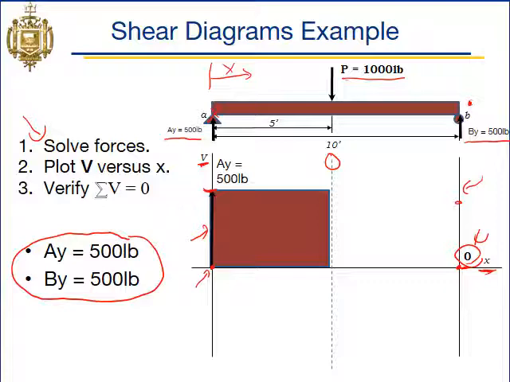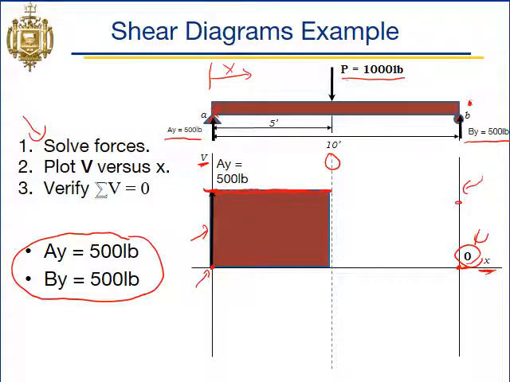There are no vertical forces between AY and our point load here, so our value of shear is going to remain flat. That's why this box is here, to indicate that shear remains flat through that section at a value of 500 pounds.